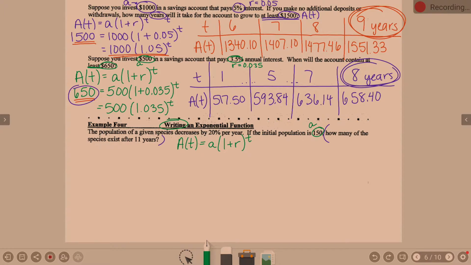What else? Your rate. What's my rate? 20%, which means I'm going to use 0.20. When I move that decimal 2 left, I'm going to use 0.20.